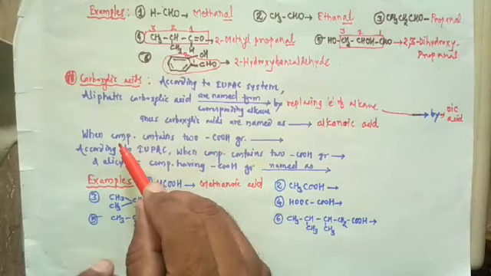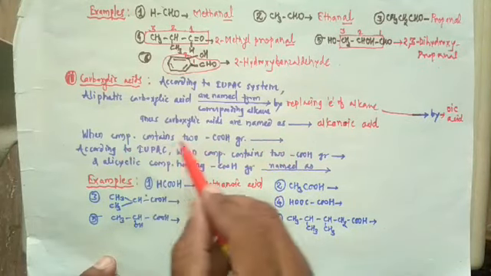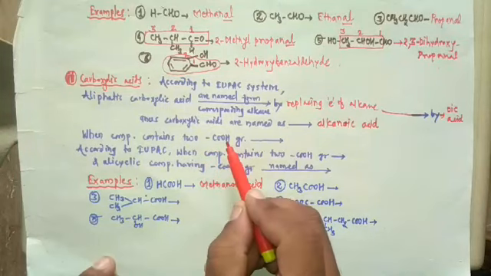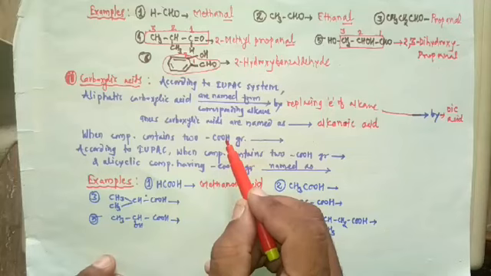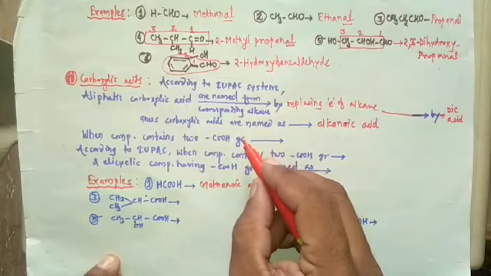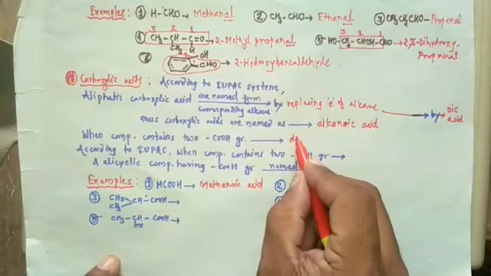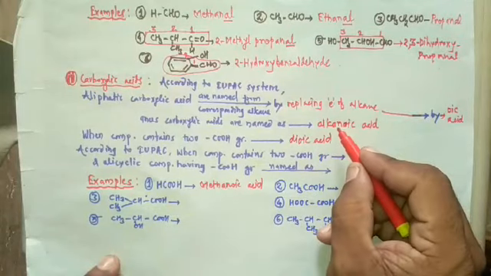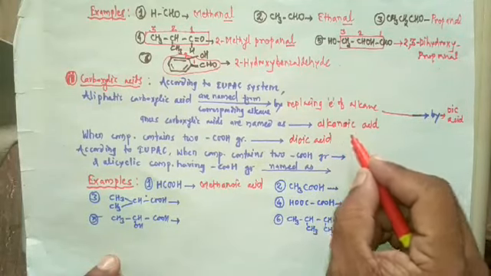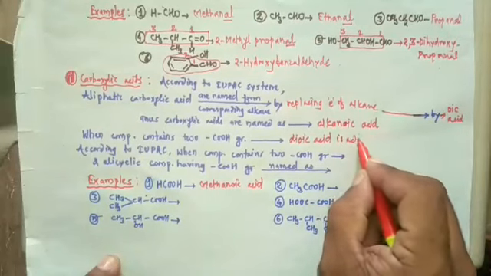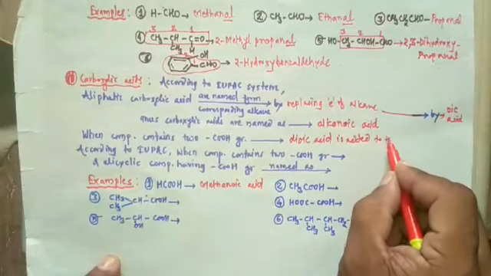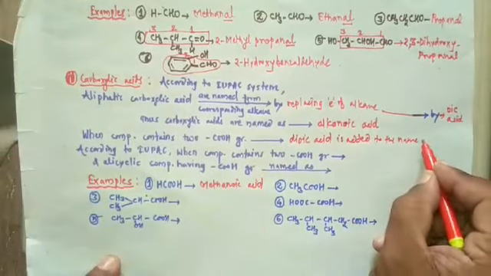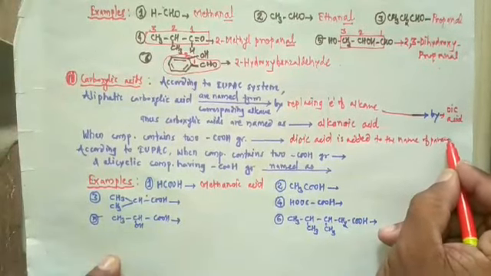When a compound contains two COOH groups, at that time the suffix dioic acid is added to the name of the parent alkane.